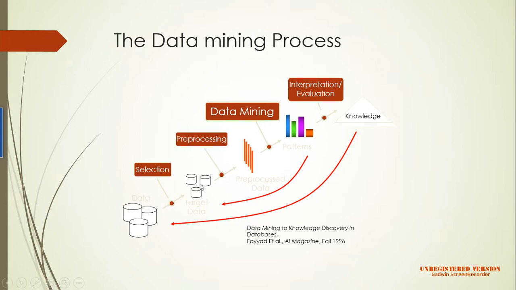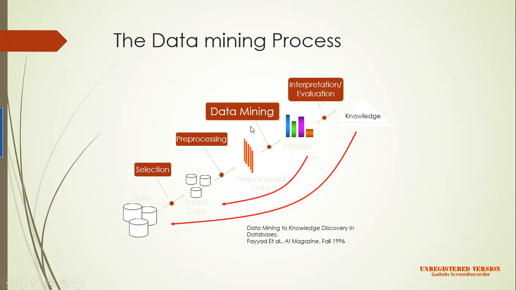For example, there will be many missing values. Suppose a customer comes, we need to store a lot of attributes about him, but we may be unable to store his phone number or his address or his birthday or his anniversary. So we need to do some pre-processing to get the data into a uniform shape.